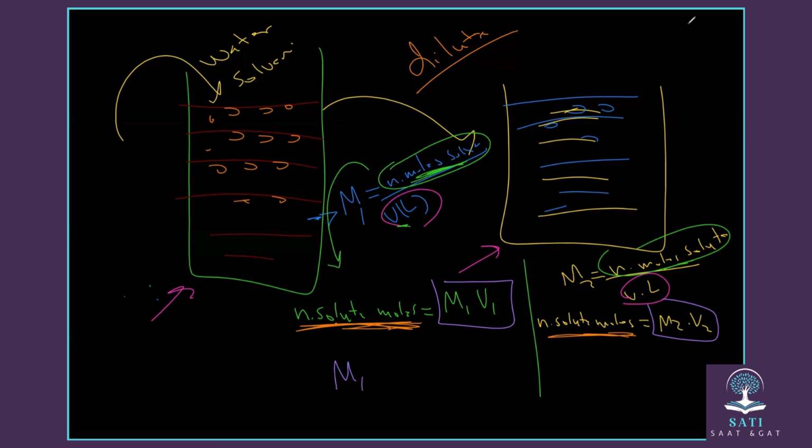M1 times V1 equals M2 times V2, and this is now the dilution process formula. That means molarity of the first solution times its volume equals molarity of the second solution after it is diluted times its volume. And we're going to use these in related questions.